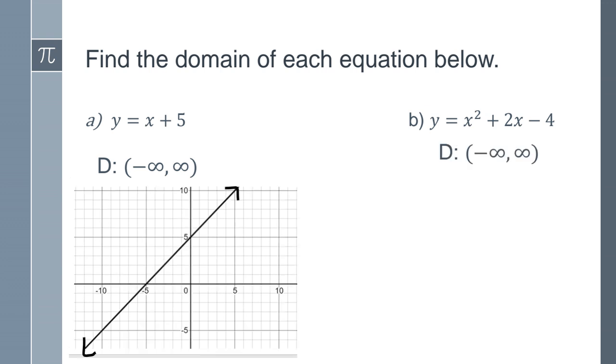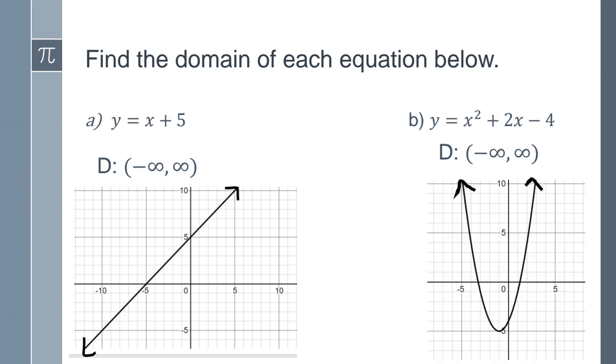Because we're able to say no to the three questions, we can say that our domain is negative infinity to positive infinity. Let's try another one. And there's the graph in case you want to see what it looks like. Again, you can see that we're using all the x values here to make this graph.